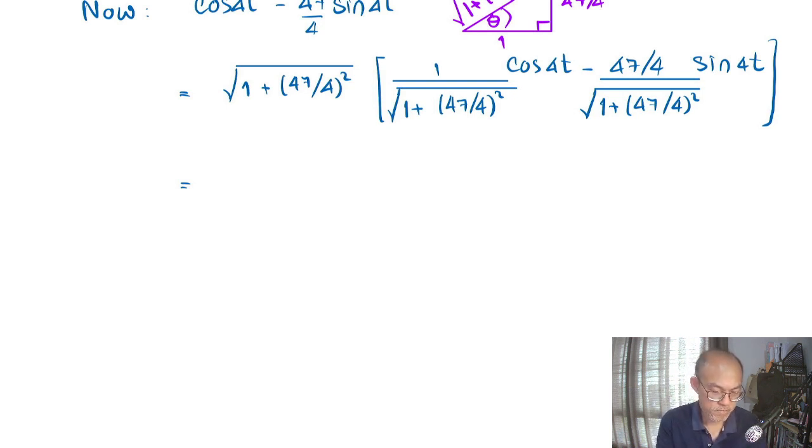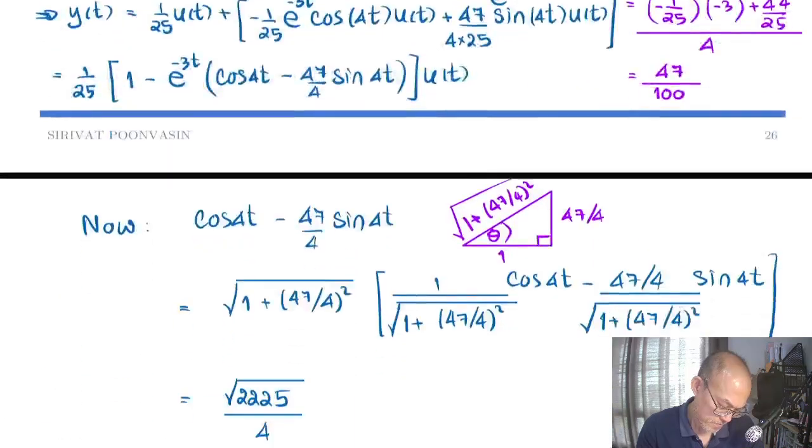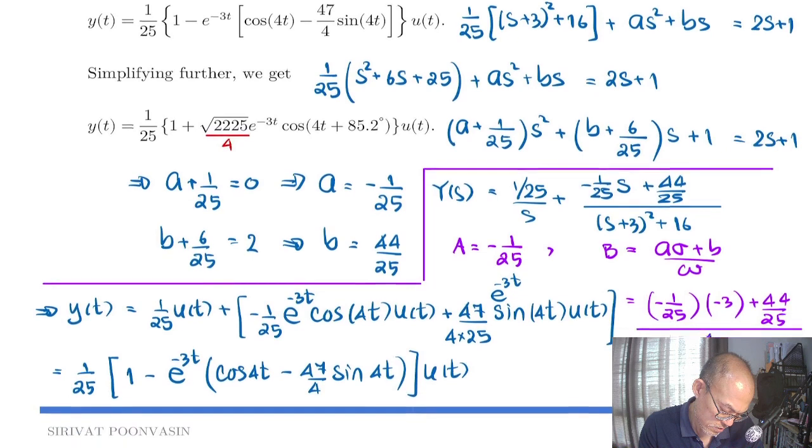16 plus 47 squared, 2225 over 4. I think I should have this 2225 over 4.